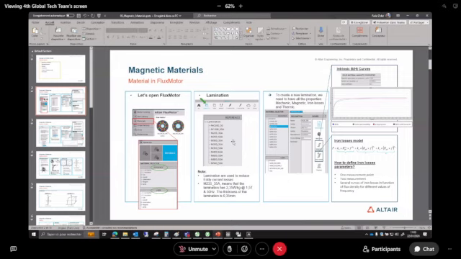Just to say that if you look to the meaning of this name, M235-35A, it means that you have 2.35 watt per kilogram measured at 1.5 Tesla and 50 hertz.